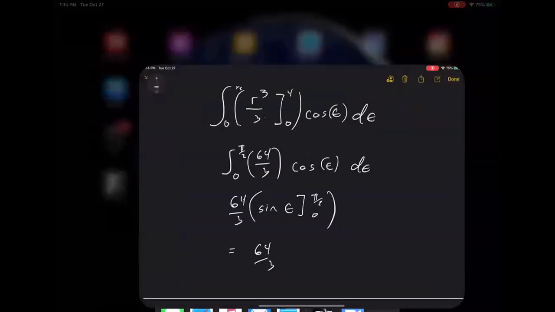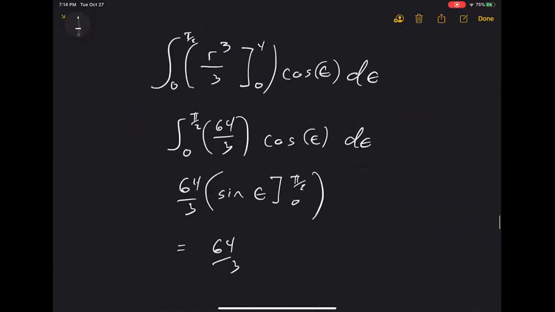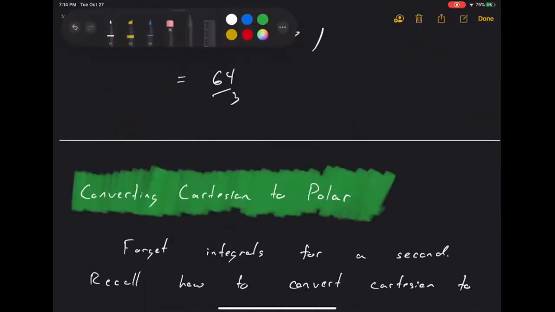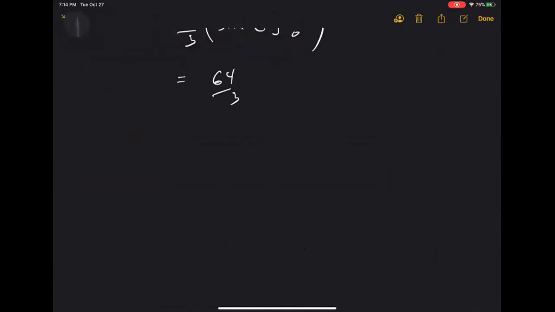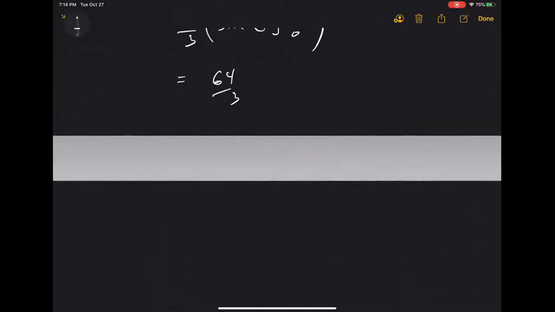Boom. All right. So to recap, what I'm trying to say here with all this theory is, okay, if we're given a function, let's say we're told to integrate a polar function. Let's say I'm given f of r, theta and told to integrate on some 2D region R. When I set up my integral, I plug in my function, and then instead of dx dy, I have r dr d theta.